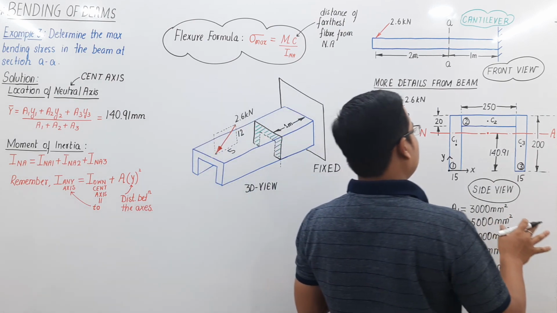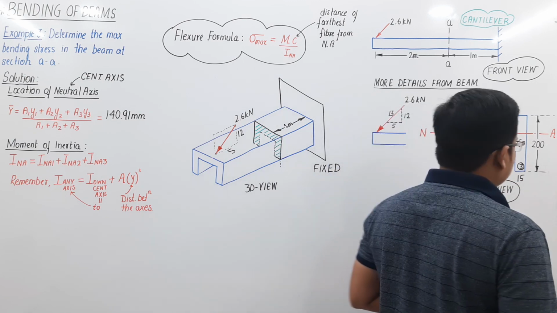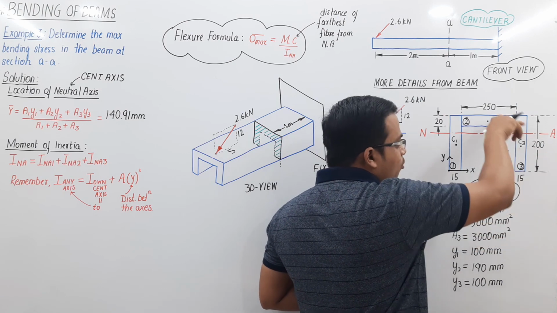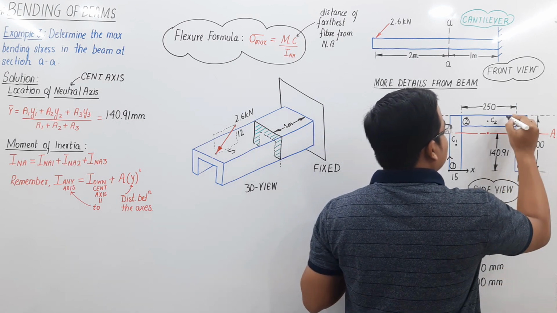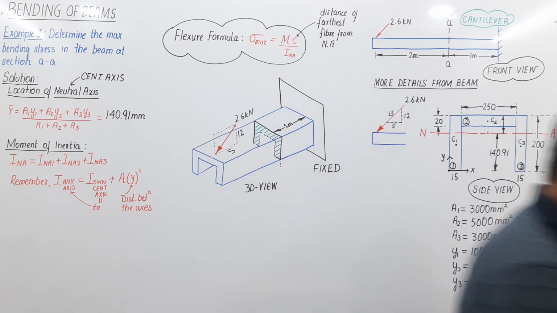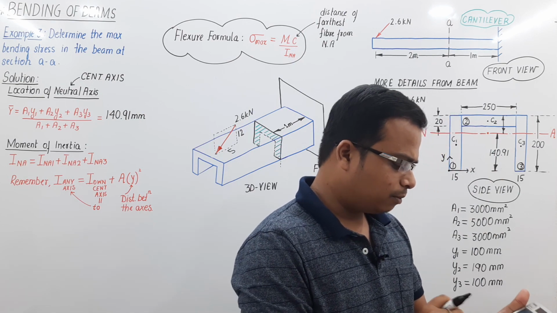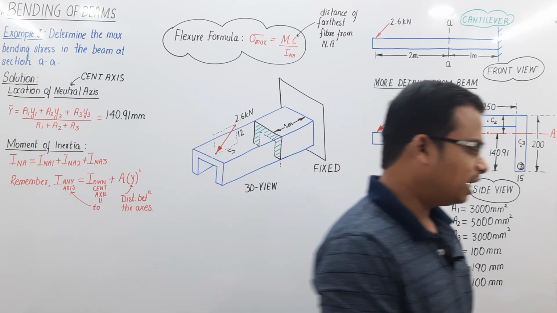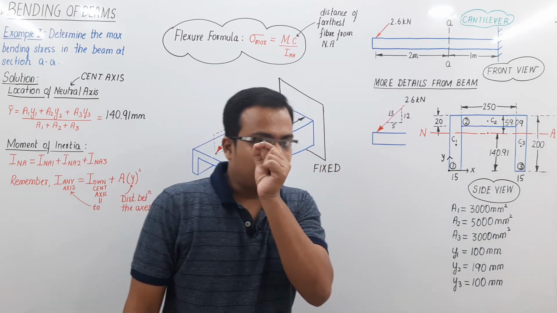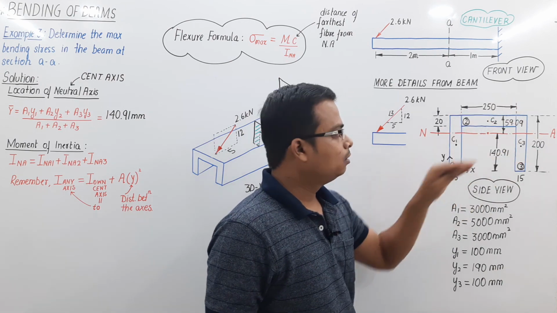You can also work out from the bottom. If you subtract 140.91 from 200, you're going to get the corresponding value from above. So 200 minus 140.91 is 59.09. So we know exactly where the neutral axis is, from the base and from the top.